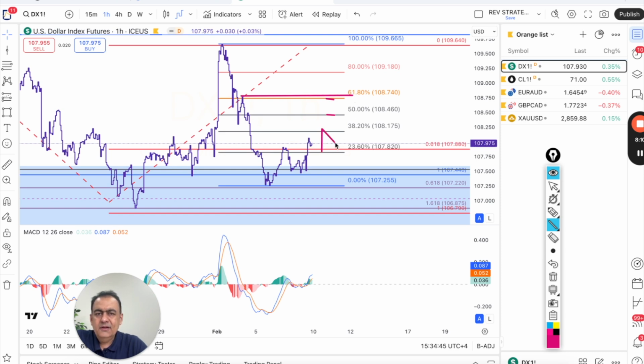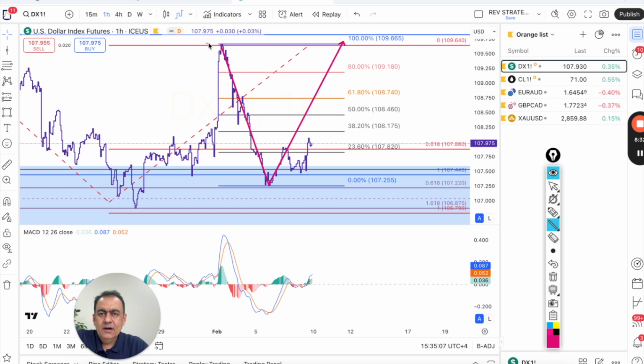So I'm expecting that dollar index should march upwards in the coming day or two, and then the sellers will push it back to the lower levels. If not, then I want the buyers, the dollar bulls, to breach 109.64.